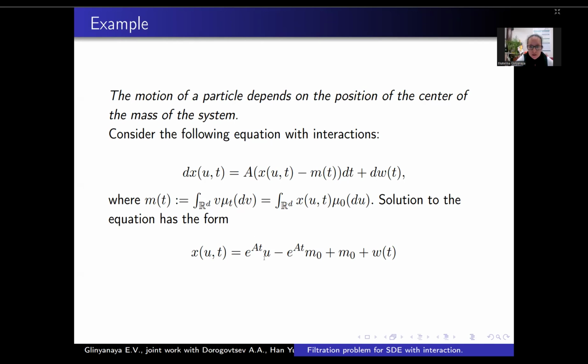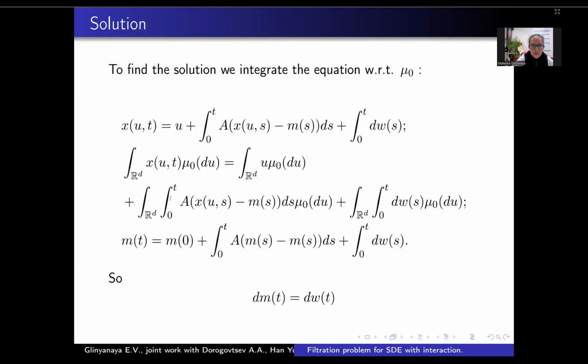And the solution to this equation has the following form. Let us see how we can get it. It's not hard to see. For this, we write the equation in integral form. When we have the equation in integral form, we can integrate the right-hand side and left-hand side with respect to the initial measure μ0.